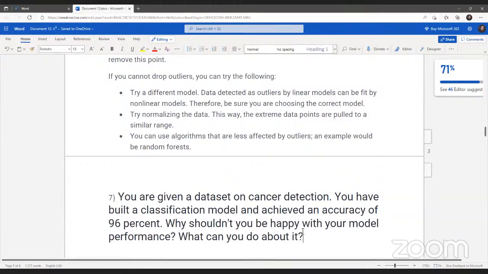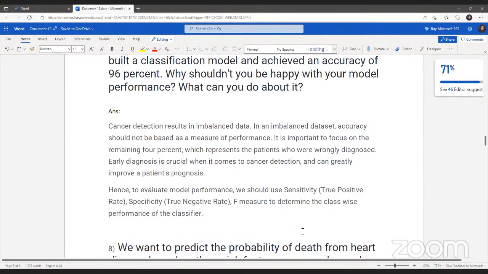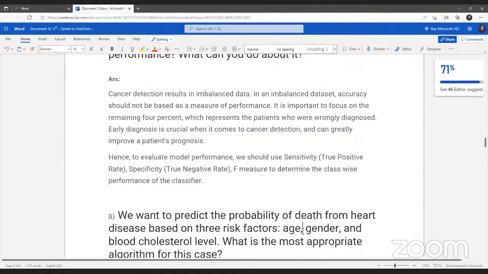Now, as we look into this, cancer detection results are an imbalanced data set. In an imbalanced data set, accuracy shouldn't be the measure of performance. It is important to focus on the remaining 4%, which represents the patients who were wrongly diagnosed.